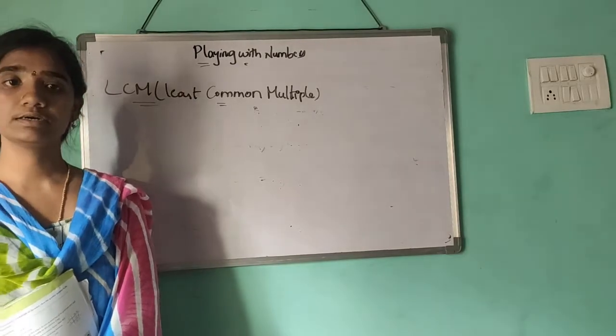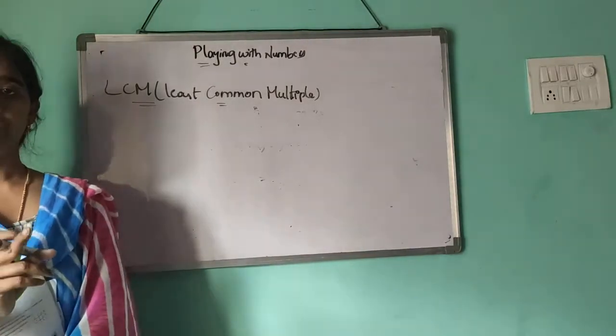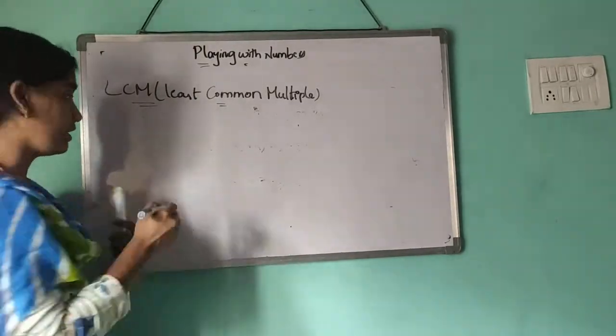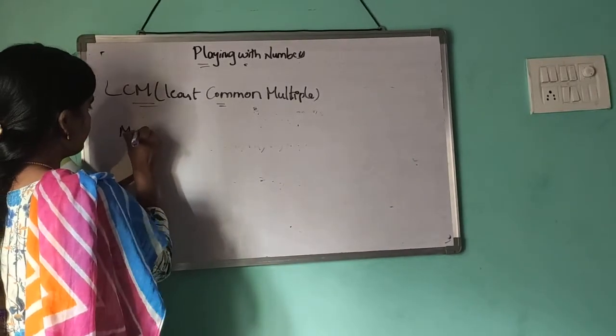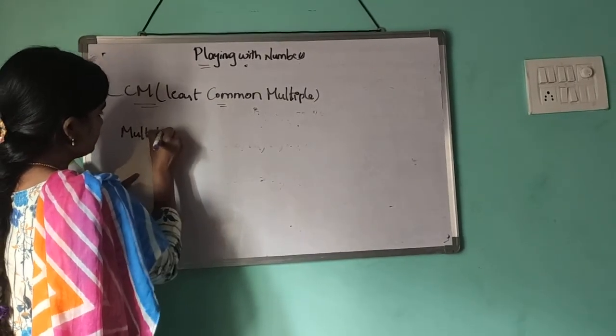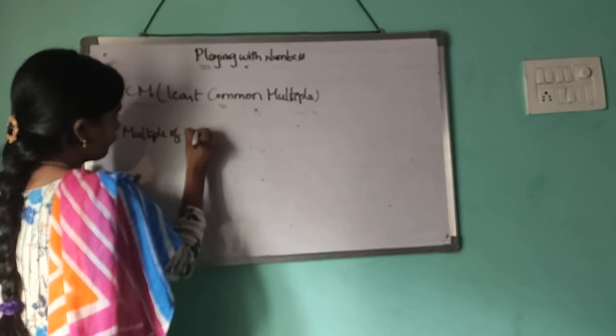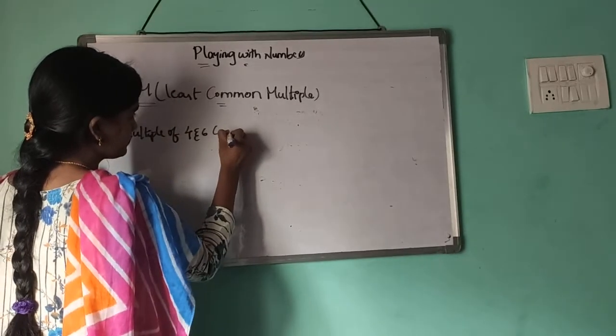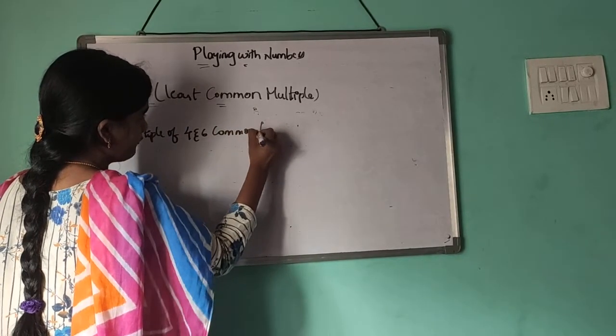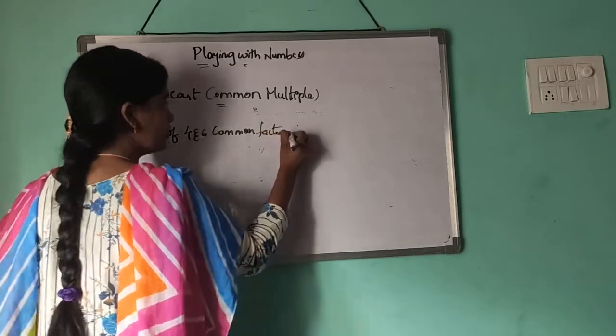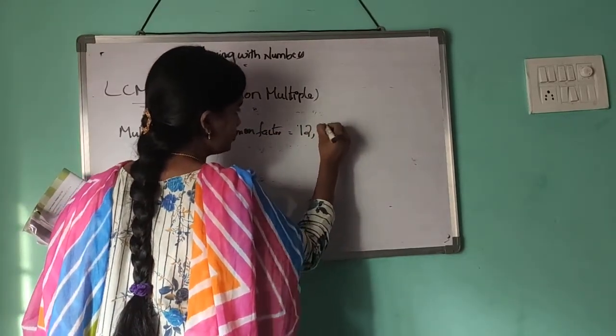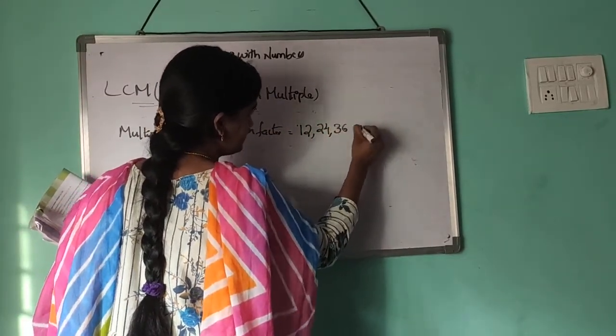Previously you saw the multiples of 4 and 6, the common multiples are 12, 24, 36.